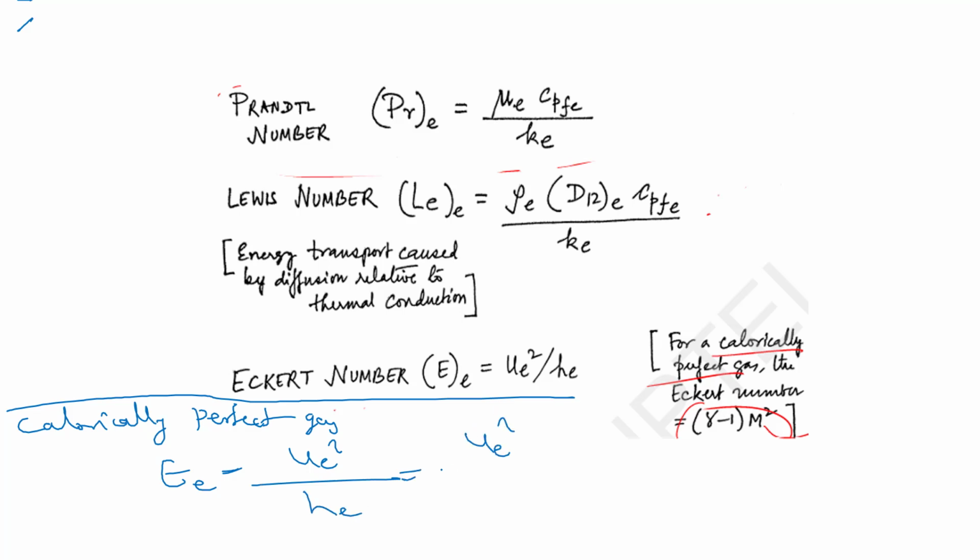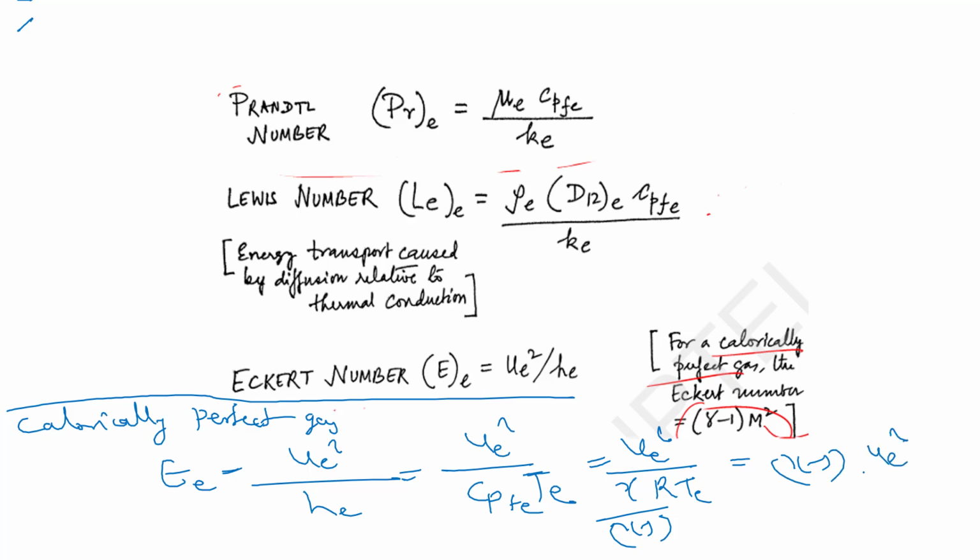And what is he? h is nothing but Cp Te, and it can be written as gamma upon gamma minus 1 R Te, and it will come as gamma minus 1 ue square upon gamma R Te, where gamma R Te is nothing but ae square, and it will give gamma minus 1 M square.